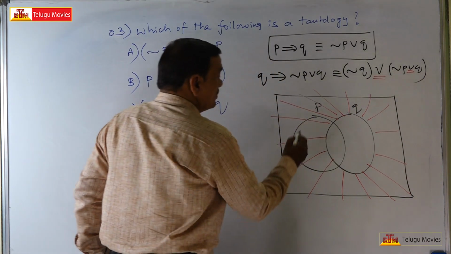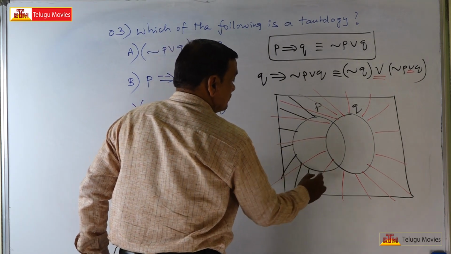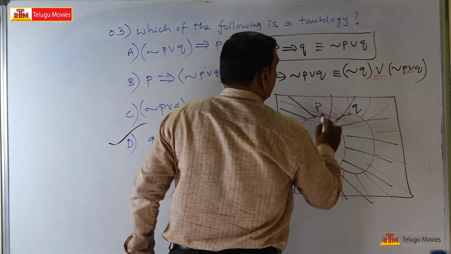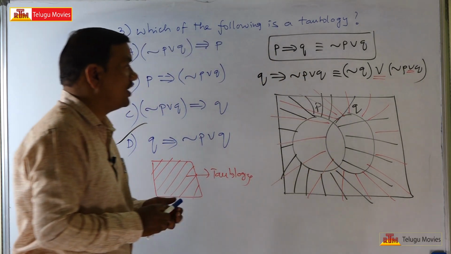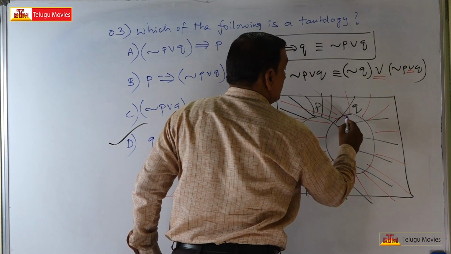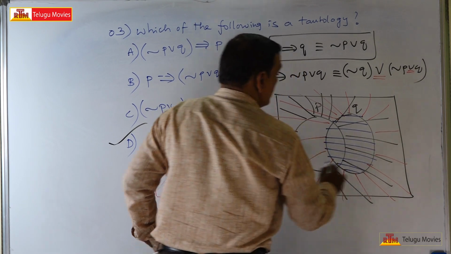Negation P means outside of P. So this is negation P. Now, Q means complete Q.